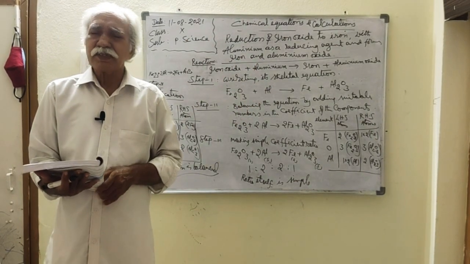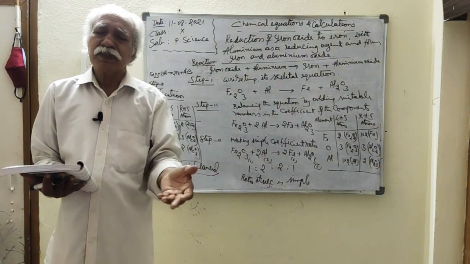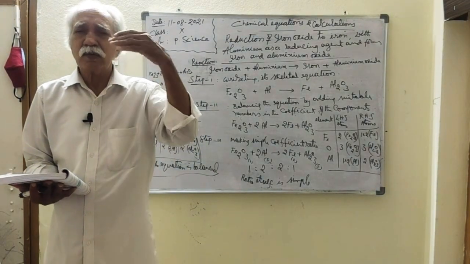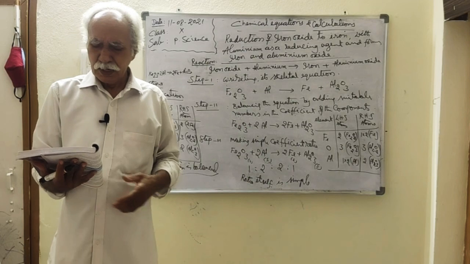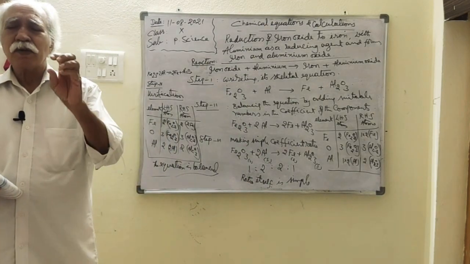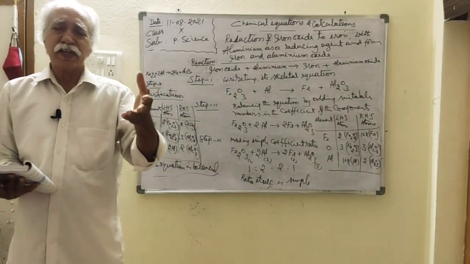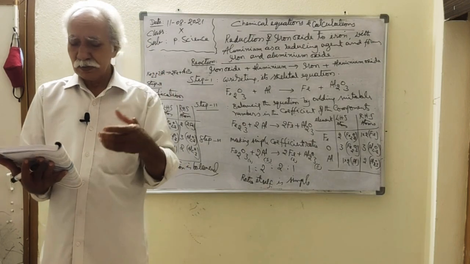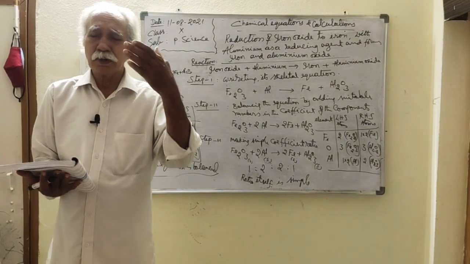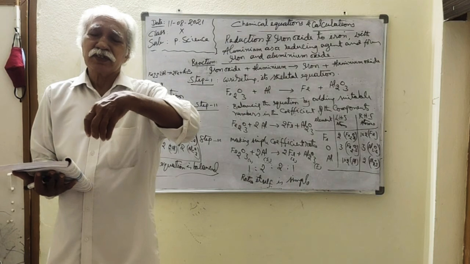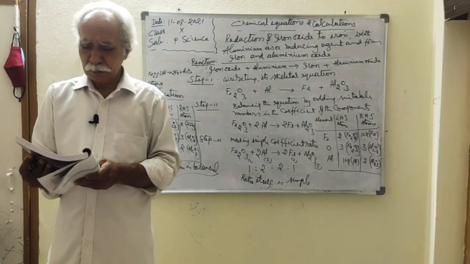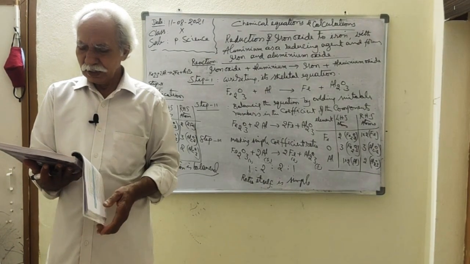Sometimes heat is absorbed, sometimes heat is released, that you have to express in this equation. Next, some of the components are gases. Which are the gases? We have to represent the gases. Which are the precipitates? You have to represent precipitates in the precipitate reactions. So all these things you have to represent.